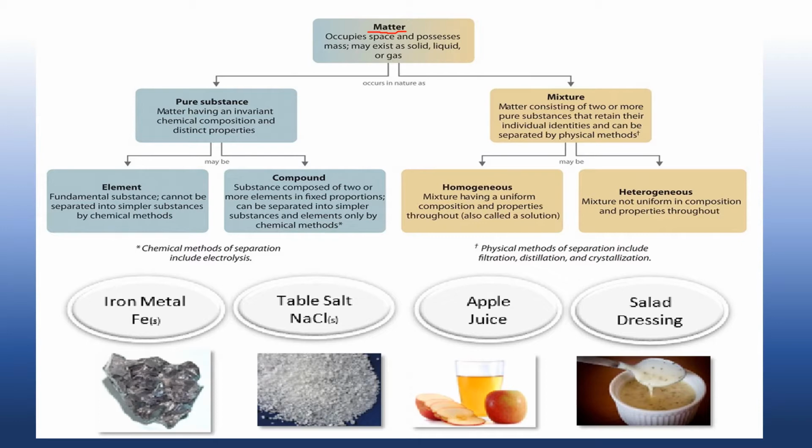Now, matter can naturally occur as a pure substance, which means it has invariant chemical composition and distinct properties. Invariant means it doesn't change. So the chemical composition of the substance doesn't change, while mixtures are matter consisting of two or more pure substances that retain their individual identities and can be separated by physical methods.